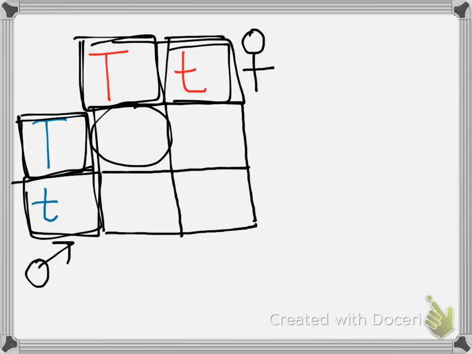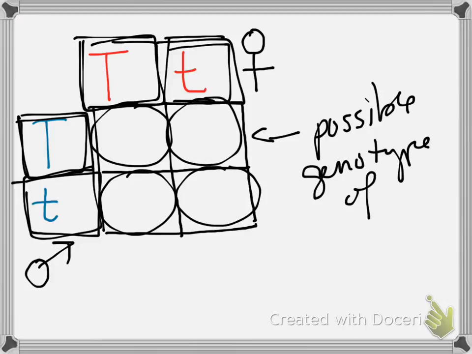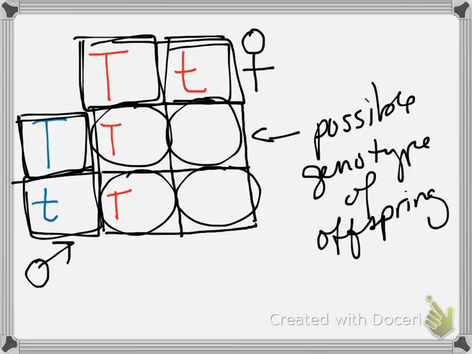And each of these squares ends up representing the possible genotype of an offspring. So if this beaver female and this beaver male reproduce, all we do is draw these down, and you've done these before. This is not rocket science.